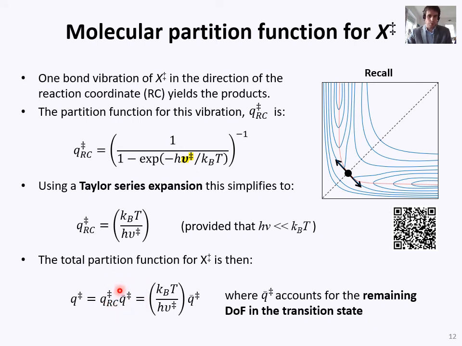So this would be every other type of vibration it can do other than this one, plus any rotations or translations. If we write it like this instead of like this, then we can put this into our equation, and I'll show you how to do that on the next slide. But basically, we can remove our frequency of vibration, which is something we don't know, from the equation that we're building up, which is kind of handy.